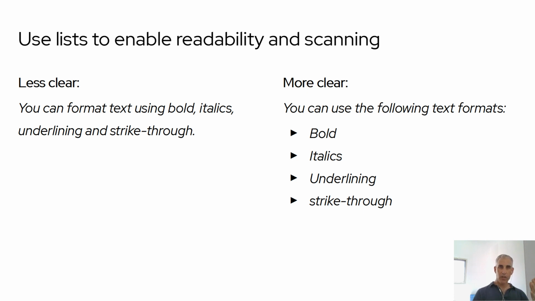So my eye actually jumped first to the list, and I saw the information that was being included, and then it took me back and I read the intro section. Not everybody reads that way, but the point is that the list allows very quick scanning, and it makes it clear that you're providing a list of things, whereas the sentence on the left, it's not as clear that you're just providing a list of things at first glance.